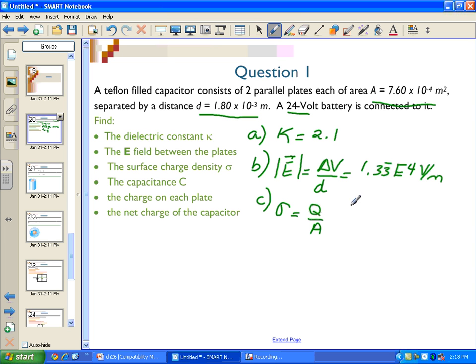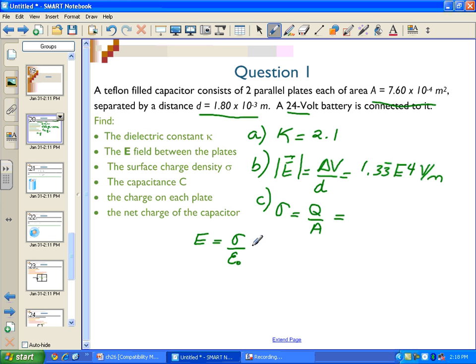Do we recall from Chapter 24 that for any conductor in electrostatic equilibrium, sigma divided by epsilon naught was equal to the electric field? So in other words, we saw the electric field for any capacitor in electrostatic equilibrium was sigma over epsilon naught.